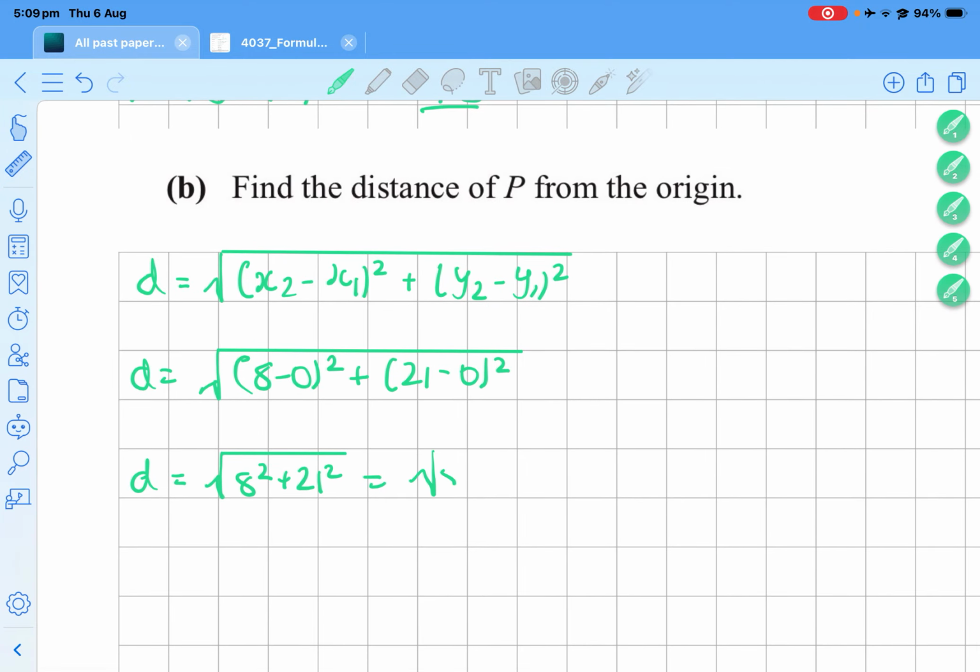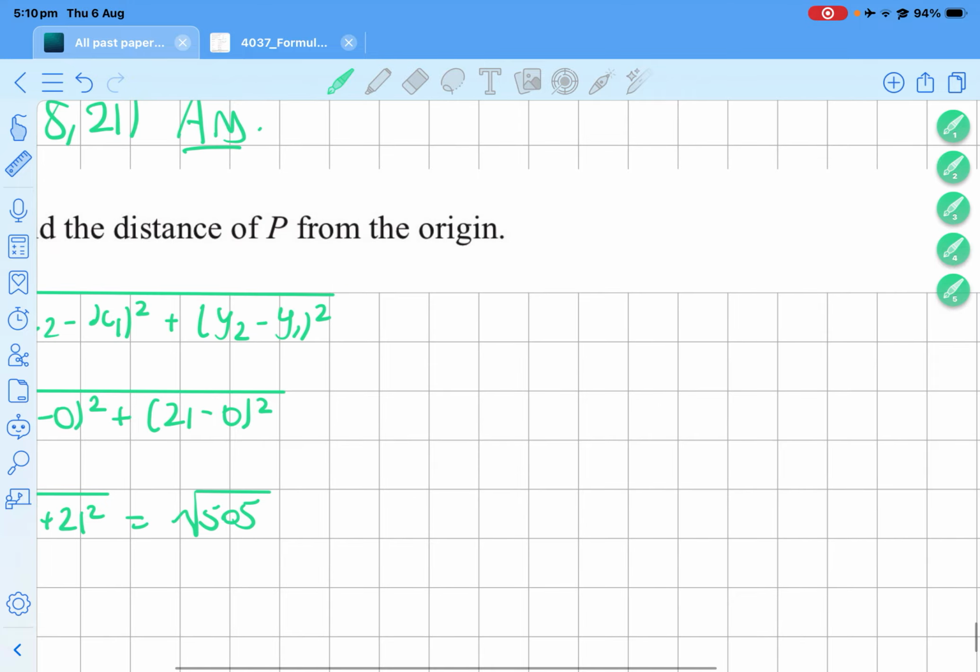So this is the square root of 505. This is the exact distance, but if we want to move one step further, we could write that as 22.47 units. Answer.